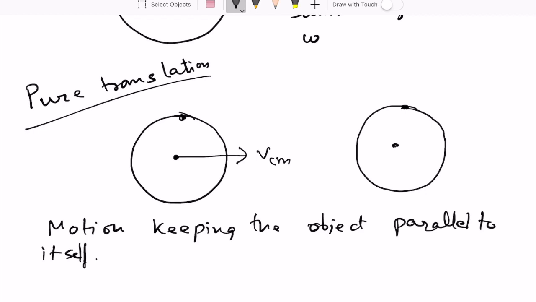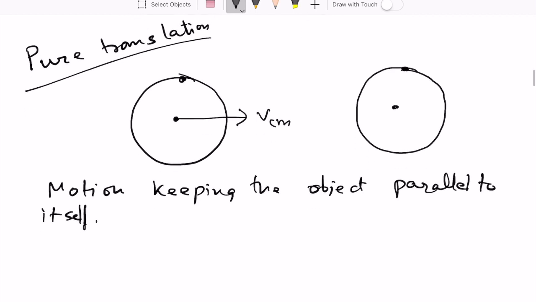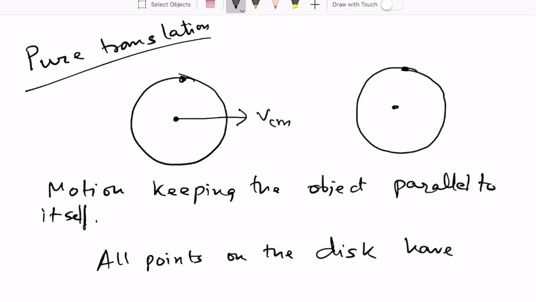So that means that all points on the disk have the same velocity as the center of mass.